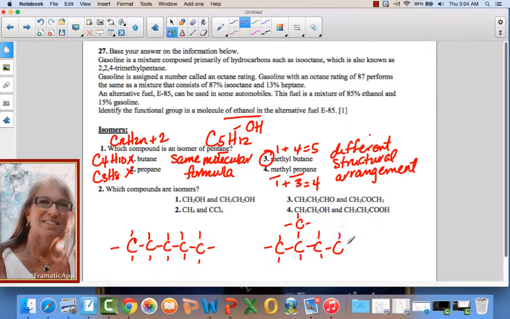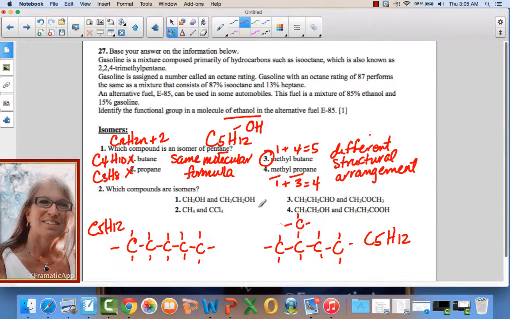So this is also C5H12. So they have the same molecular formula, but they have a different structural arrangement. Therefore, they have different chemical and physical properties, which is what makes them isomers.